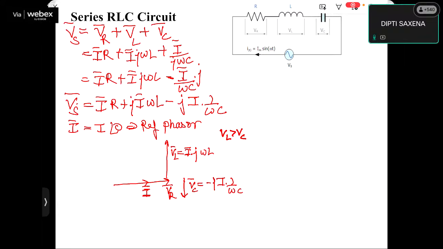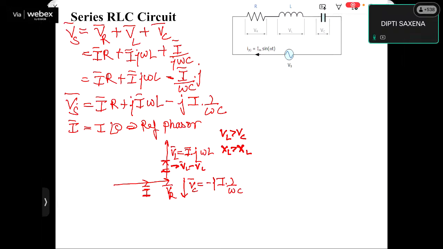When will VL be greater than VC? When XL is greater than XC, right? So this vector will be equal to VL minus VC. That is, I have subtracted the length of VC from VL. So this is VL minus VC.